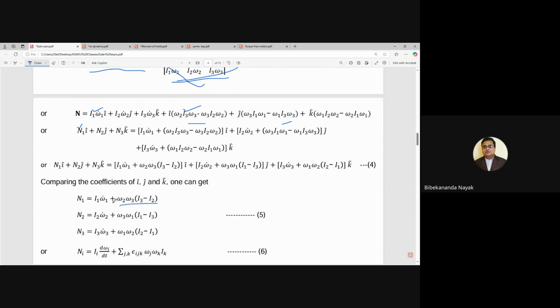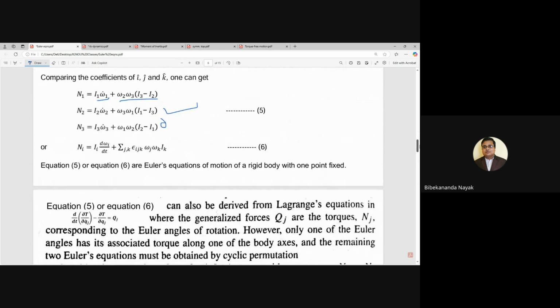Similarly for N2 j cap, I2 omega2 dot and this term, plus k cap, I3 omega3 dot and this term. So comparing, you get these equations, which are known as Euler equations of motion.